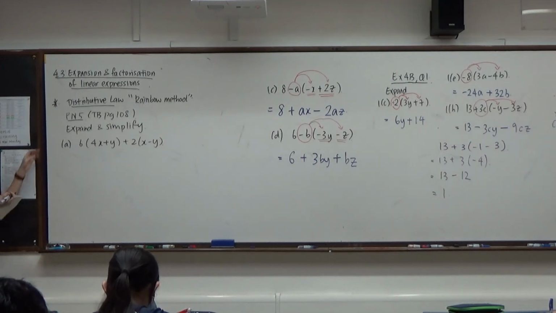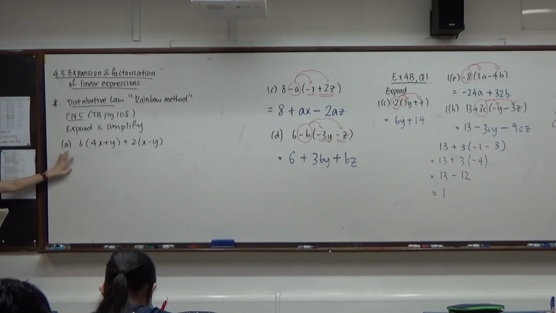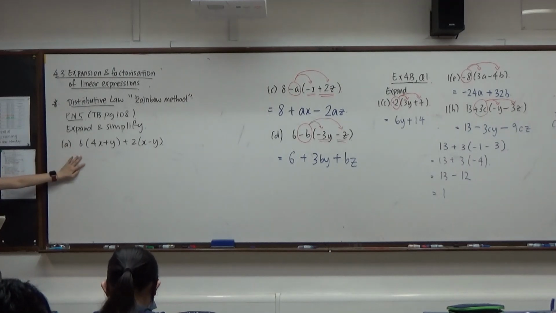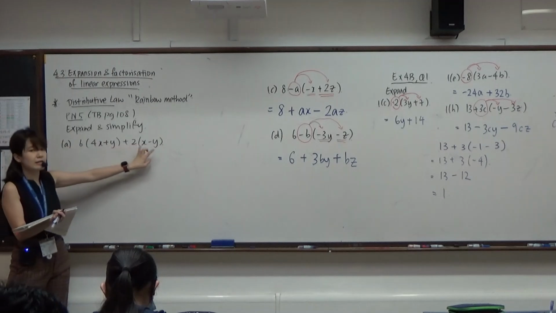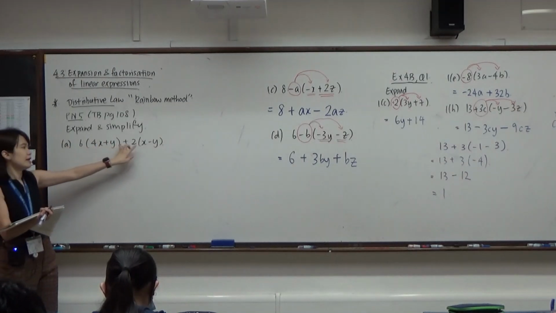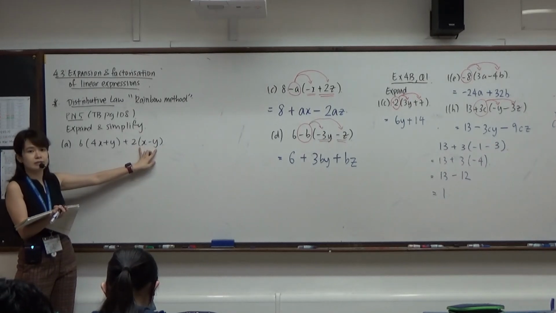That's the instruction word. Simplify means that we want it to be reduced to its simplest form. I'll cover that in a moment, but first we deal with the expansion. There are 2 pairs of brackets in this case. We have 6 bracket 4x plus y, as well as 2 bracket x minus y.